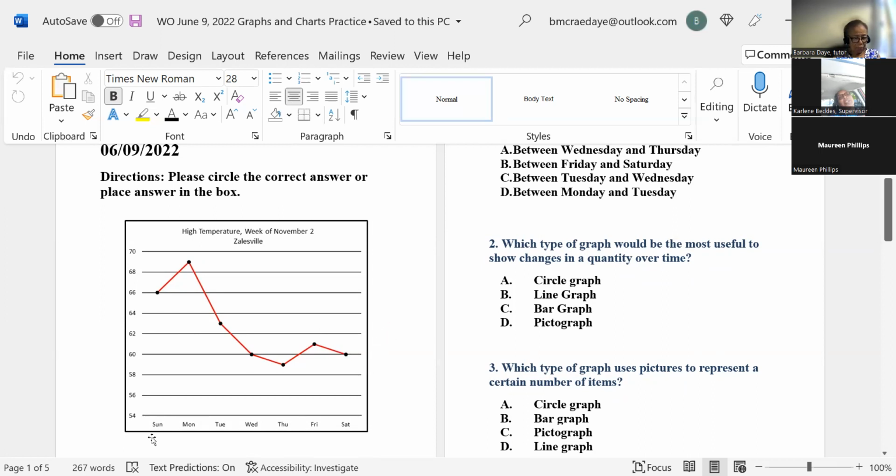Now, notice on this X-axis you have the days: Sunday, Monday, Tuesday, Wednesday, Thursday, Friday, Saturday. So look at the days, look at where the next dot is and tell me which pair of days showed the largest decrease. The largest drop.